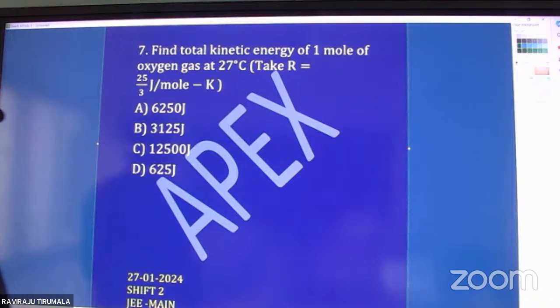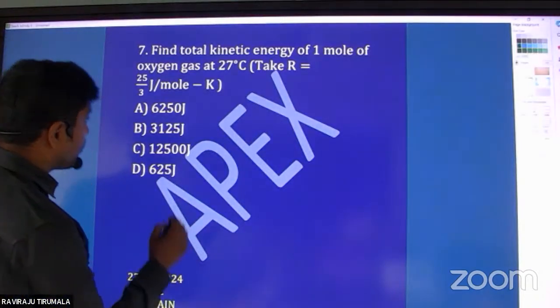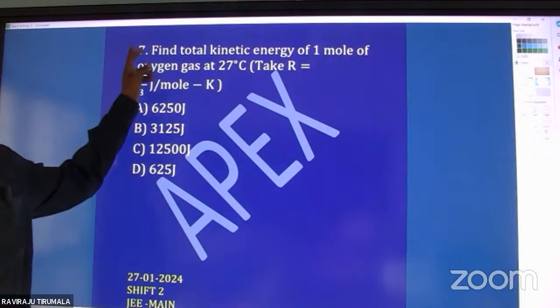Okay. Now, kinetic energy of 1 mole of gas, they are asking what type of gas it is.